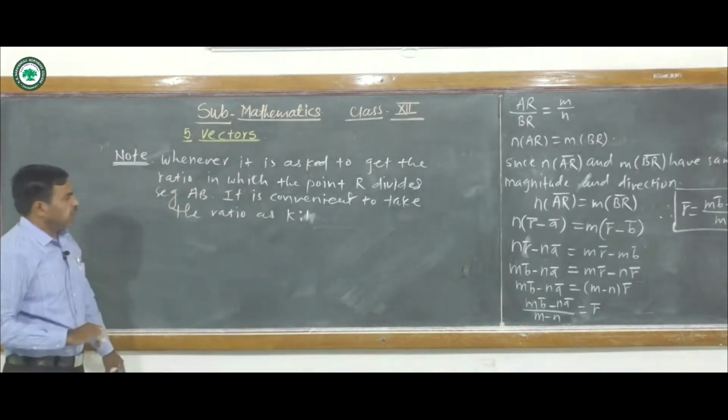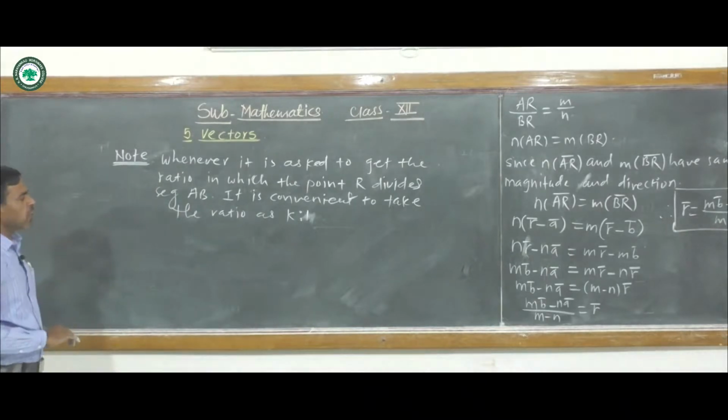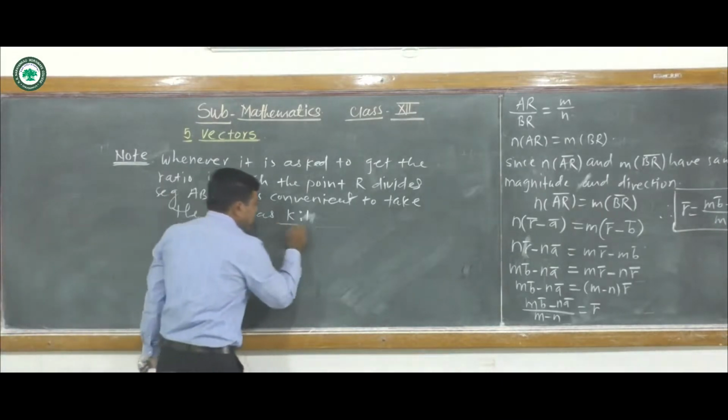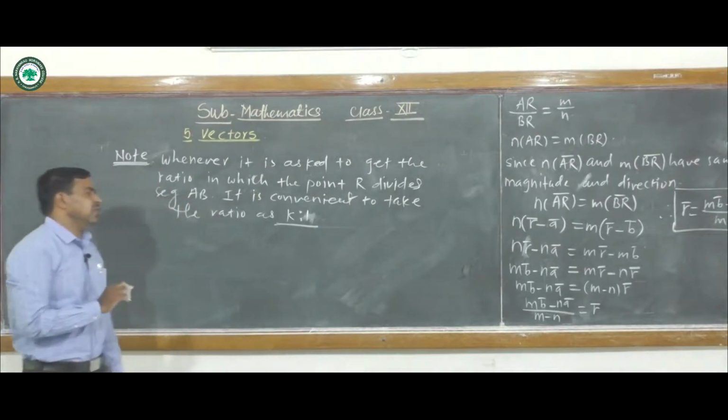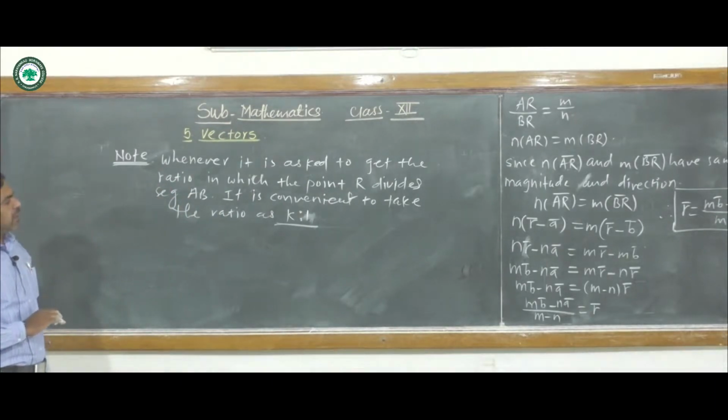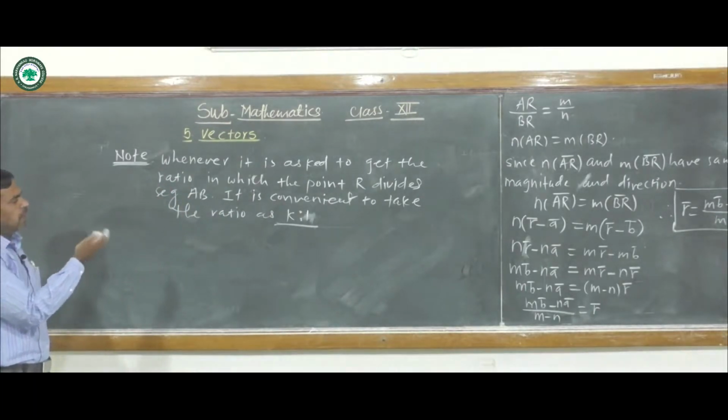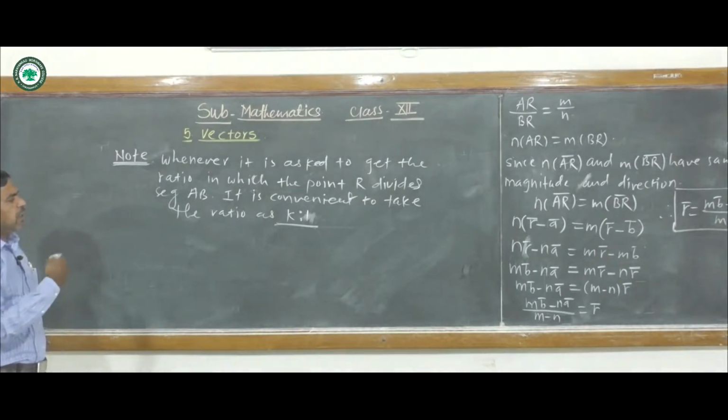It means if we have to find out the ratio, at that time take the ratio as k as to 1 and get the value of k, and automatically we get the ratio in which the point R divides the segment AB.